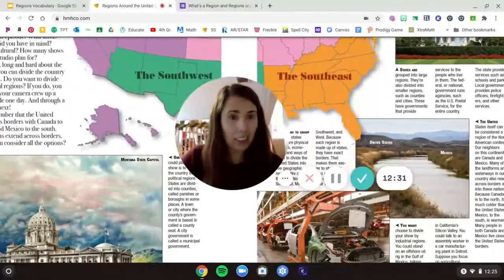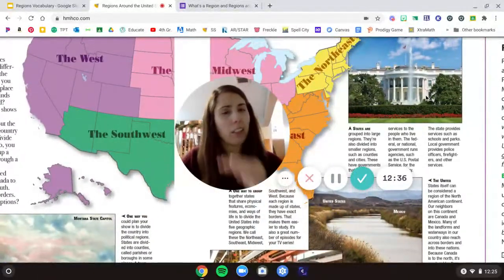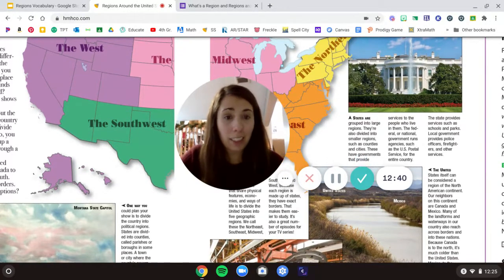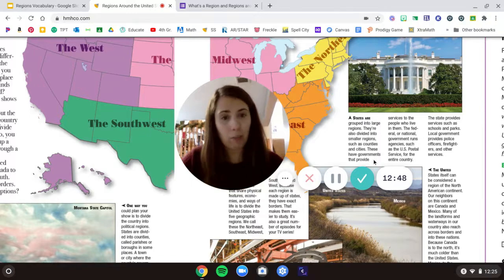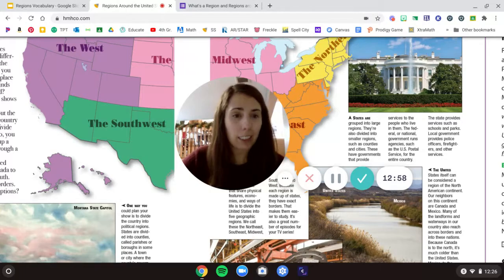All right, let's go to that states. Up in the top underneath the picture of, you know what that's a picture of? White House, good. So states are grouped into large regions. They're also divided into smaller regions, such as counties and cities. These have governments that provide services to the people who live in them. The federal or national government runs agencies, such as the U.S. Postal Service for the entire country.